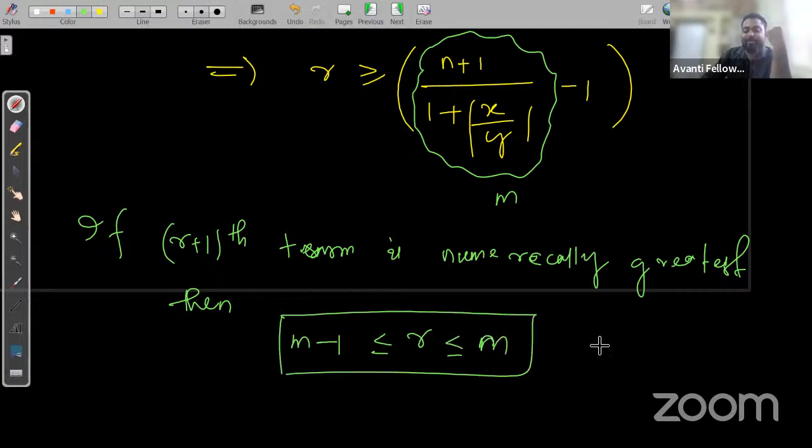So this is the inequality we got. This is the very important result we got.